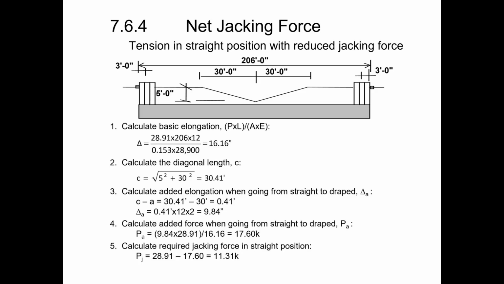That's fine to do. You can calculate your added elongation before you calculate your basic elongation. Some of these don't have to be done before the others, so long as you do the 5 steps. Okay, so any questions on this before we get into some more example problems?